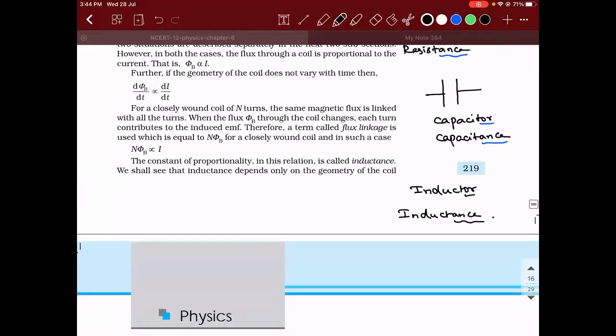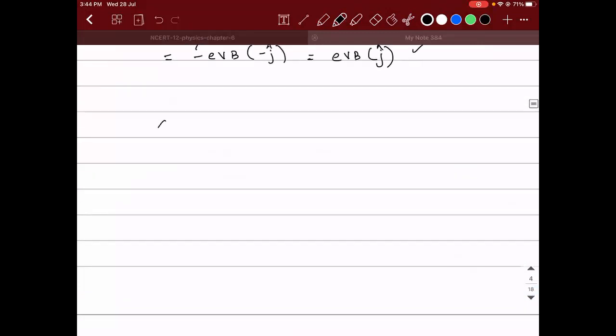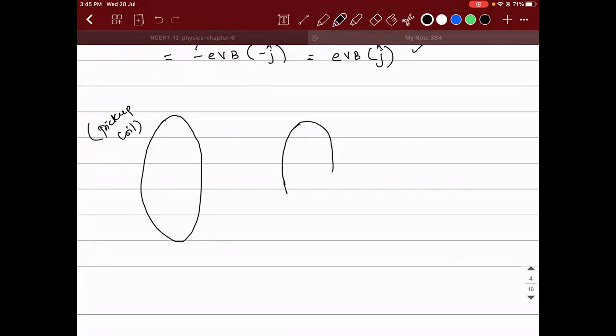See, let us say you have a pickup coil, and you have another coil which is connected to a battery.